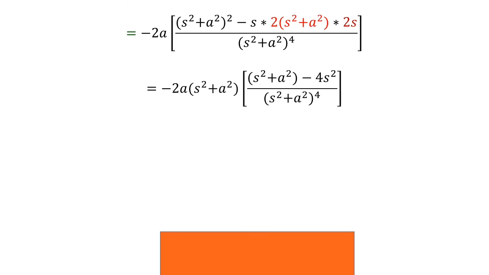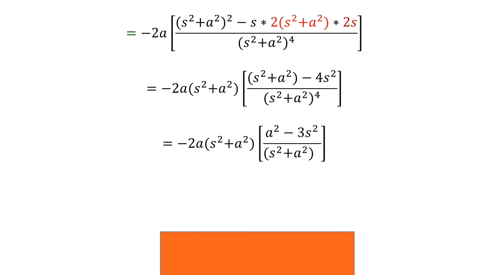Now we simplify the numerator. S square minus 4s square is minus 3s square. So a square minus 3s square upon the same denominator. Now we cancel out s square plus a square with the s square plus a square given in the denominator.